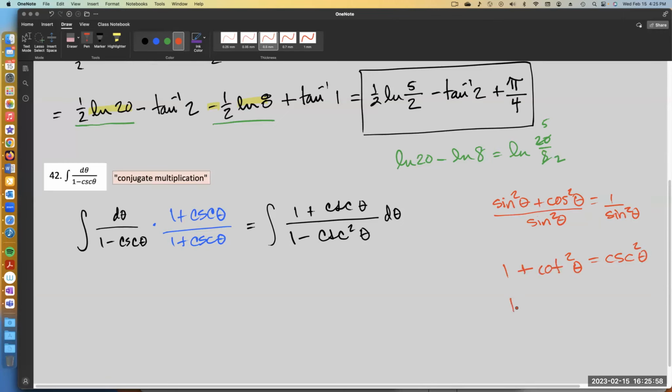We don't have it quite in the form we want. We're going to move the cosecants to the left and the cotangents to the right, and now we have it in a form that we can replace.